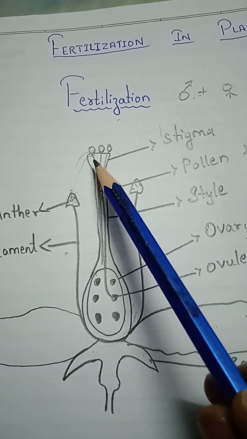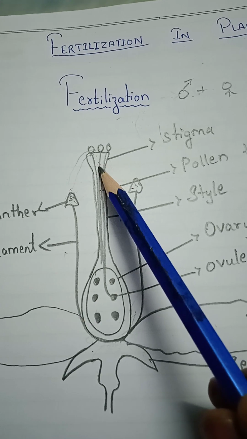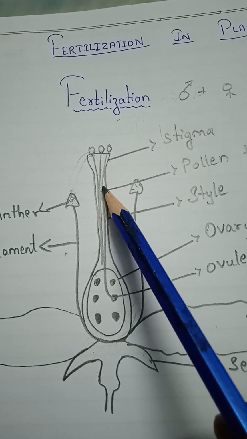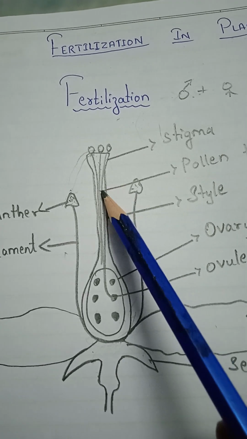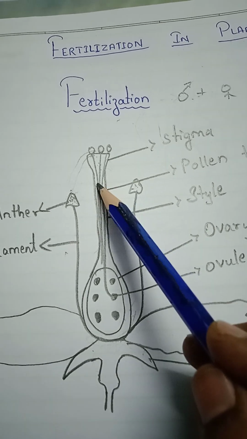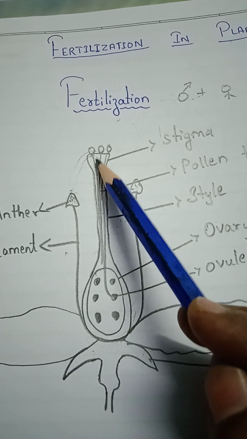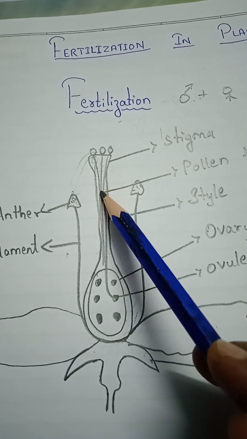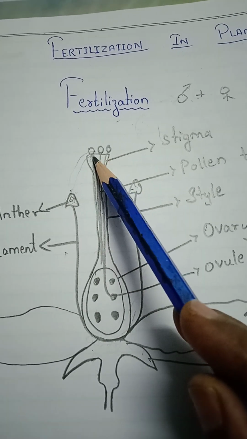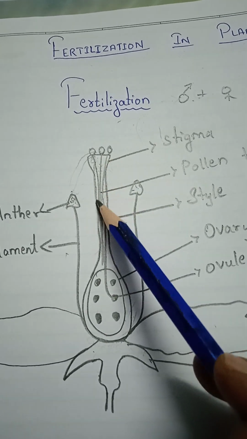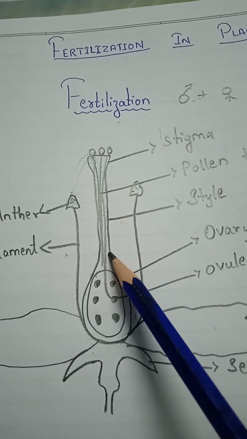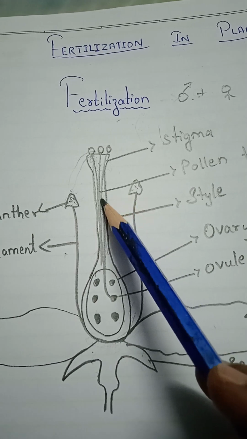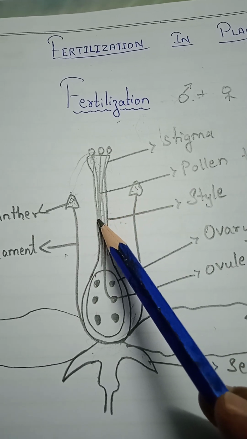The pollen grain germinates to form a tube-like structure, known as the pollen tube. It enters the stigma and travels down through the center of the style.